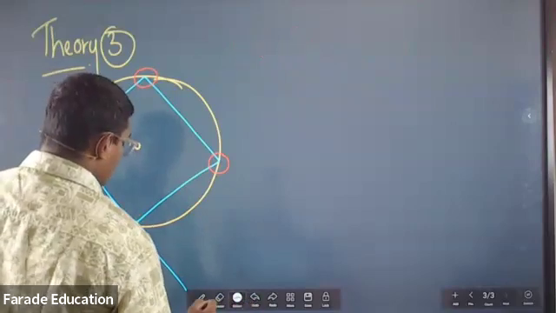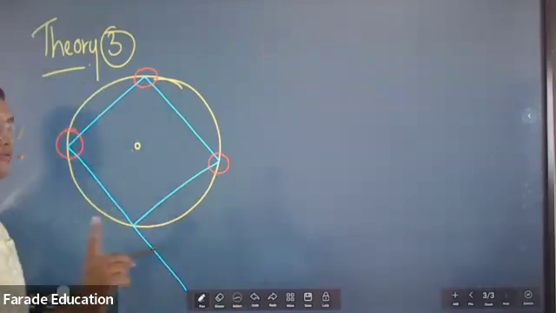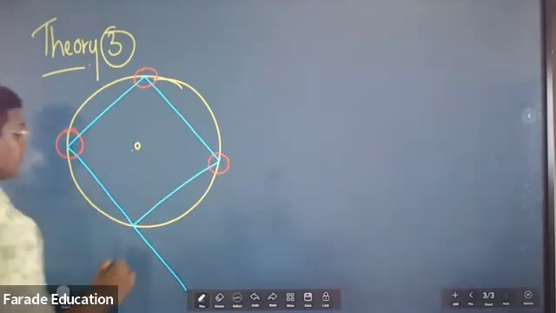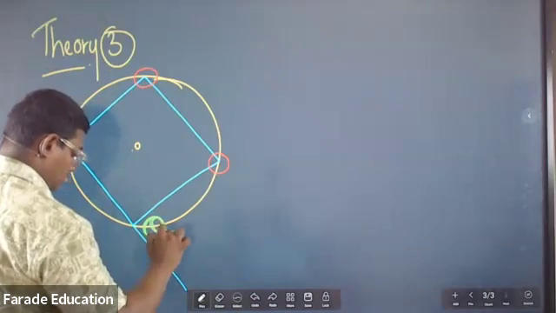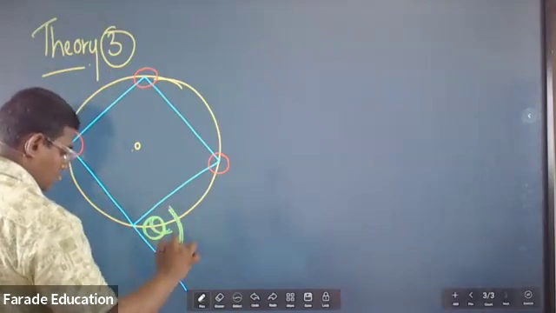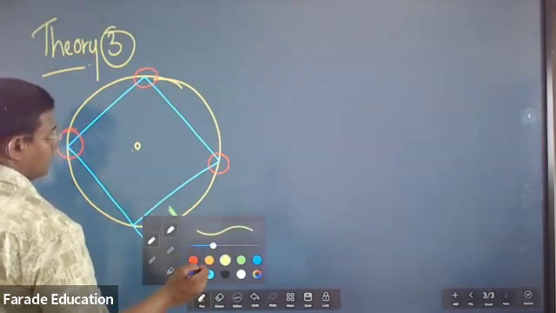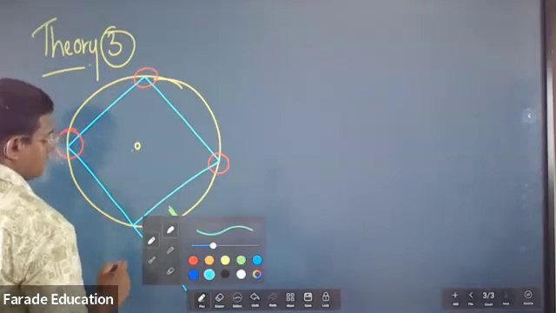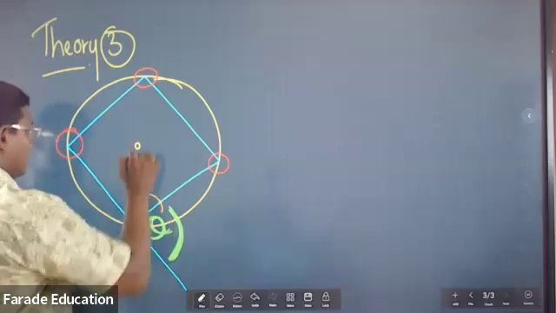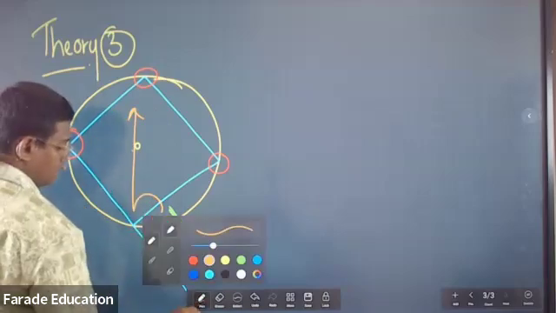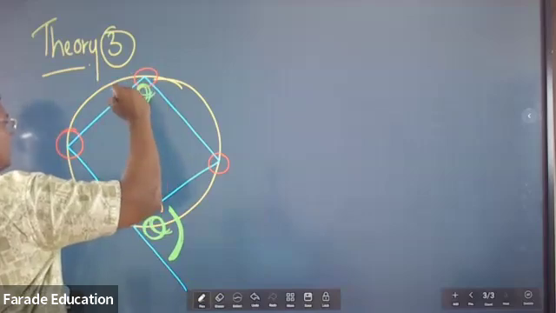Okay. So here, in a cyclic quadrilateral, what we say is the external angle is equal to the internal opposite angle. If this is theta, then this is also theta.